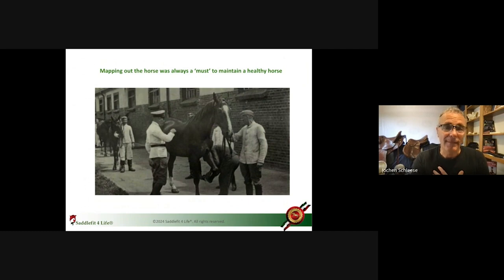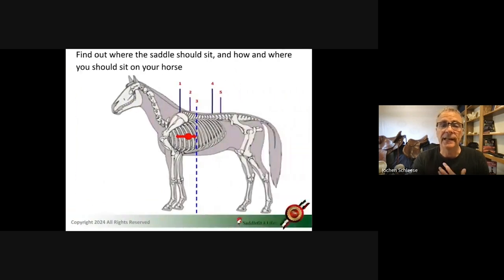And the mapping is something we really focus on. Look at the horse's back, where your saddle sits, and then they have simple numbers where they go to the end of the mane, and that's a good starting point. You want to find the edge of the scapula. You can see how at the flank the hair comes up this way, and then the hair comes from the back this way.